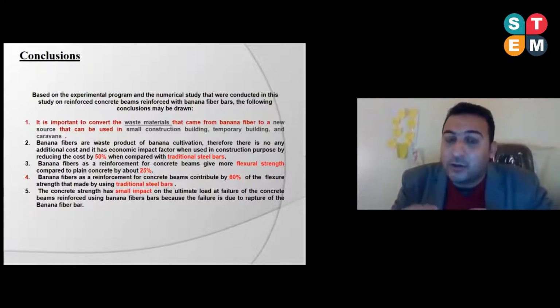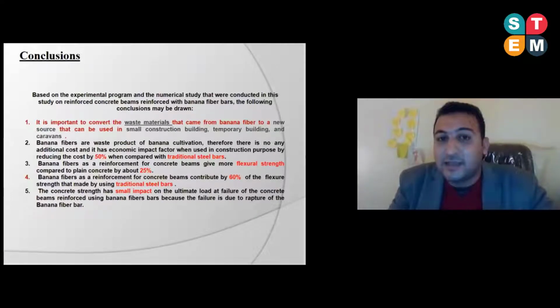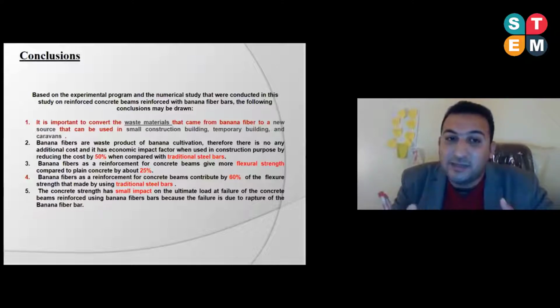So a lot of interest goes toward plant fiber or natural fiber instead of synthetic material, because it's eco-friendly and has low cost compared with other building materials.